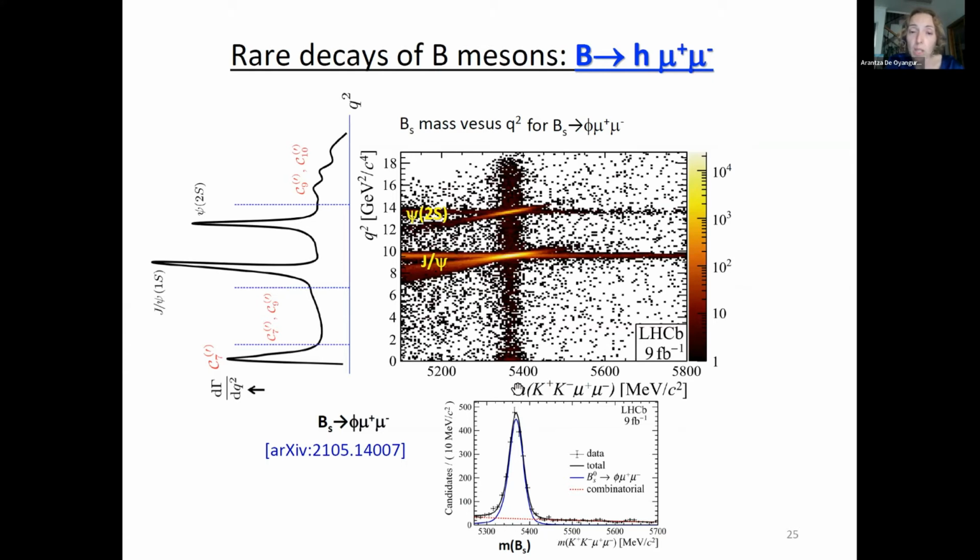Okay, this is when we plot the mass of the Bs decay products as a function of the Q squared.